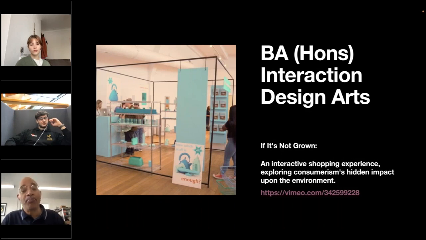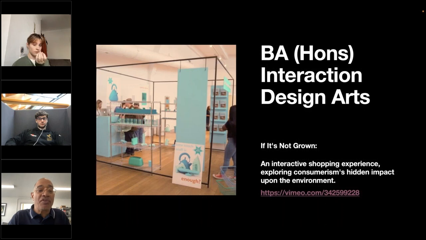But when you went up and scanned the barcode, instead of giving you a price, it gave you a list of all the minerals involved in making that object and where they came from in the world, what their air miles were and what their carbon footprint was. It's a really interesting way of tying consumerism and the environment together, and how even the simplest little things like pens have an impact.